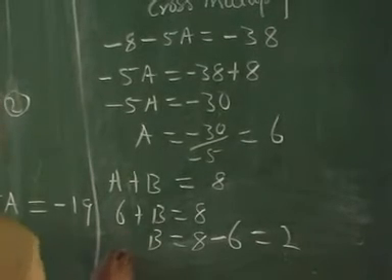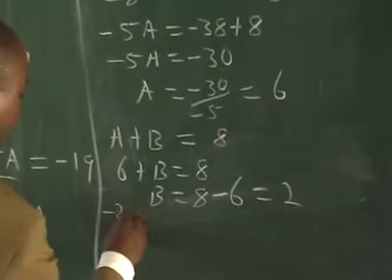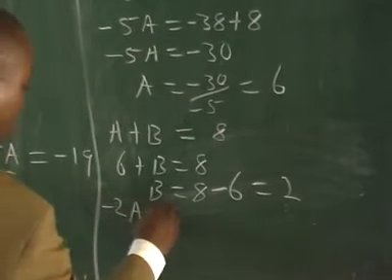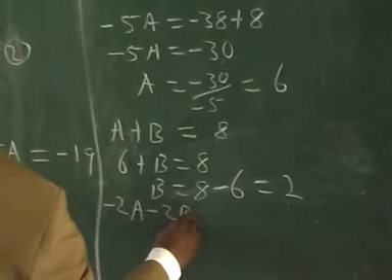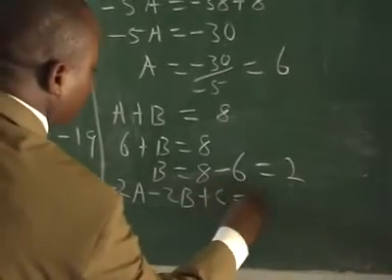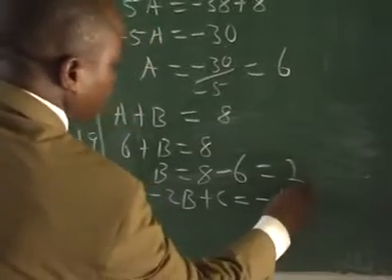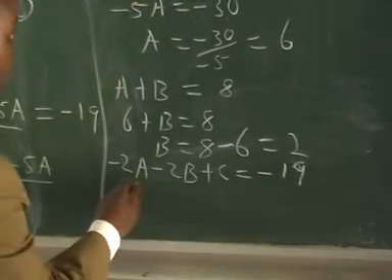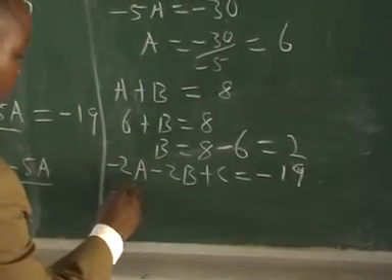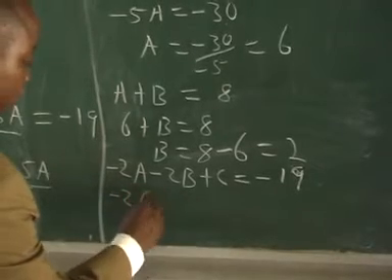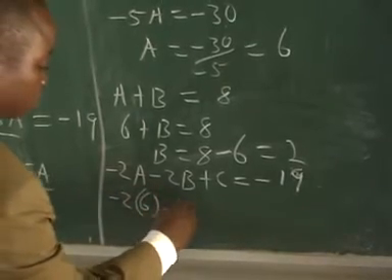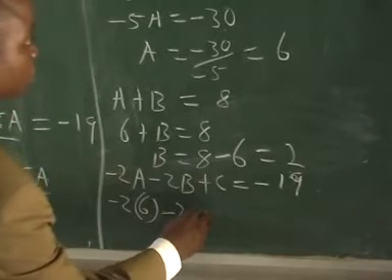So equation 2 says that minus 2A minus 2B plus C is equal to minus 19. So we put the values here. We put minus 2, A is 6. Minus 2, B is what?